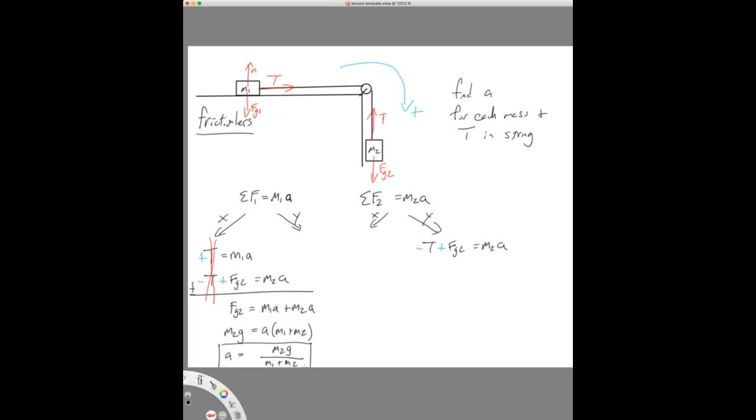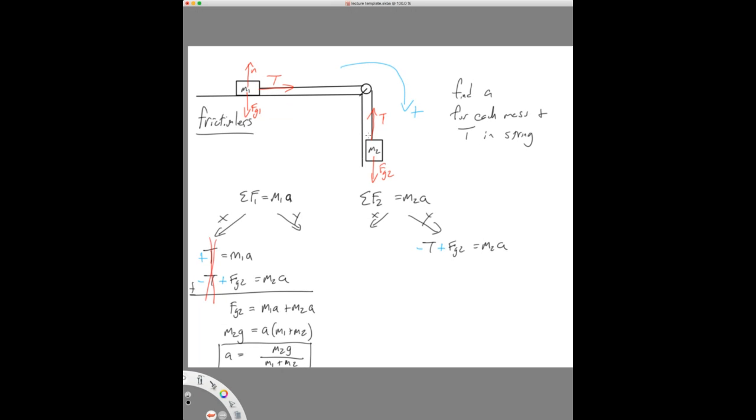Now, sometimes when you have a formula and you don't have numbers, it can be hard to know if your formula is right or not. So one thing you can do is test it with special cases. For example, what if M2 is very, very large compared to M1?